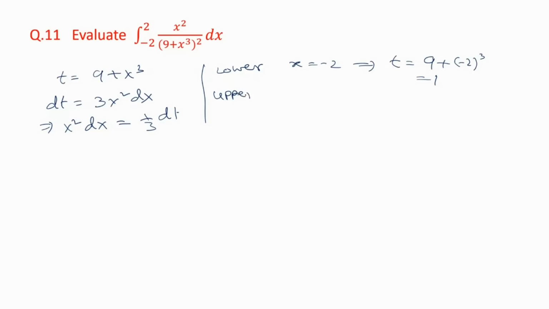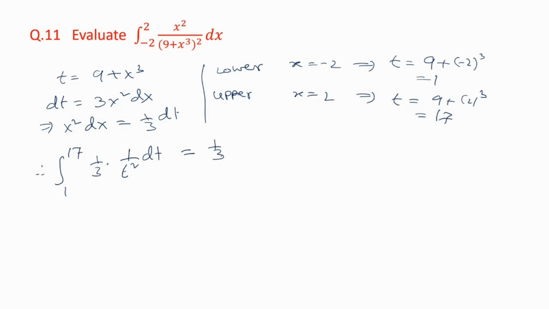And upper limit: x equals 2 implies t equals 9 plus 2 to the power 3, so 17. So therefore our integration is reduced to 1 to 17, 1 over 3 times 1 over t square dt.